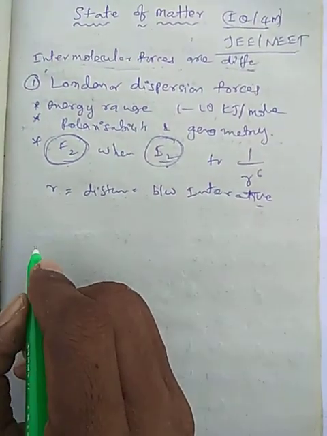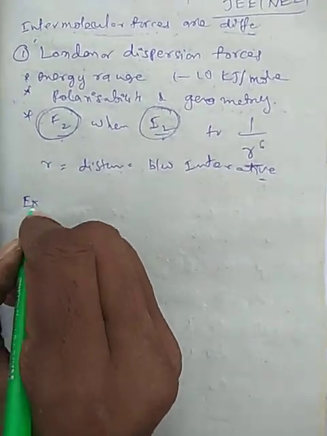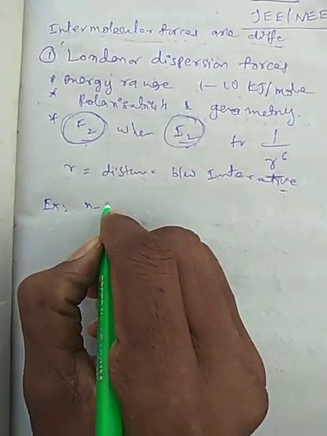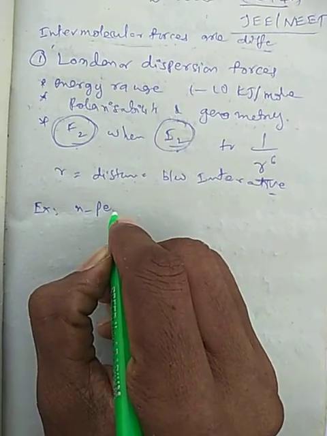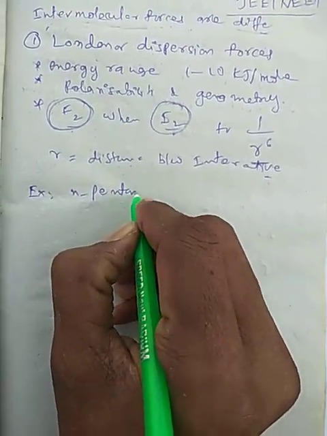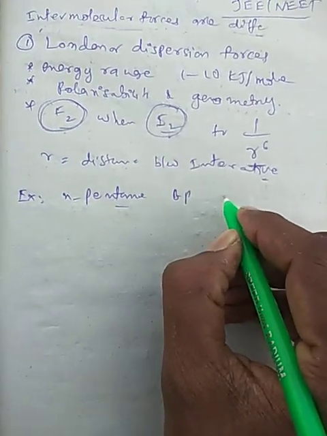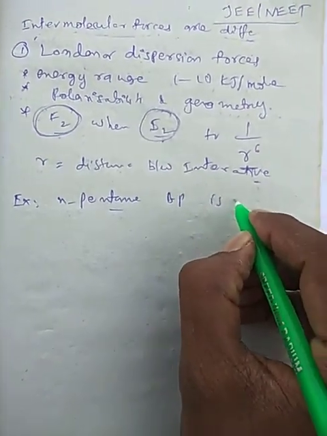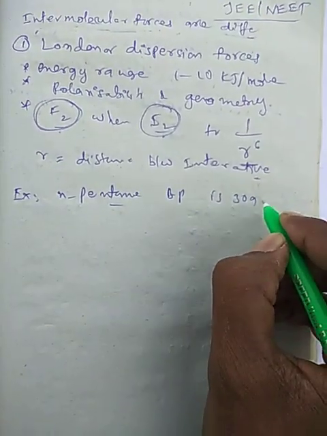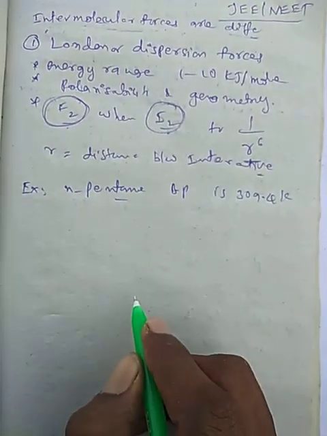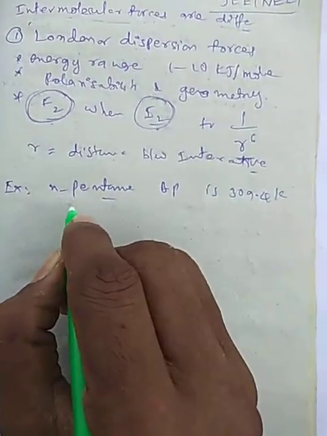Now, some examples. Example: n-pentane, whose boiling point is 309.4 Kelvin. It is like a long chain.